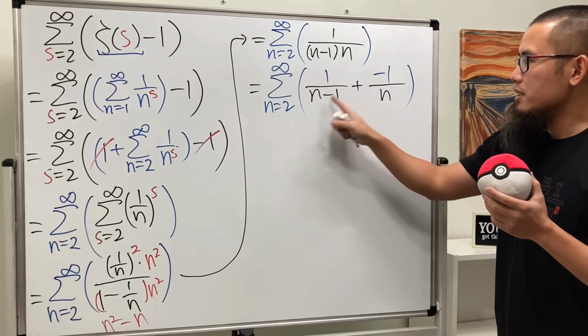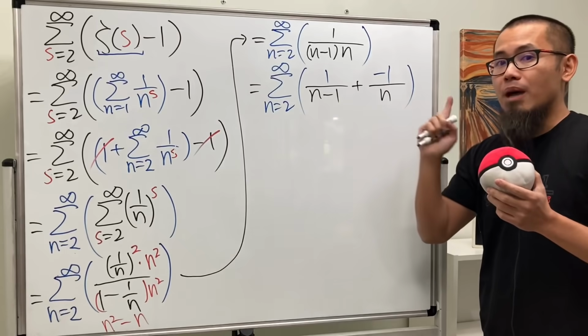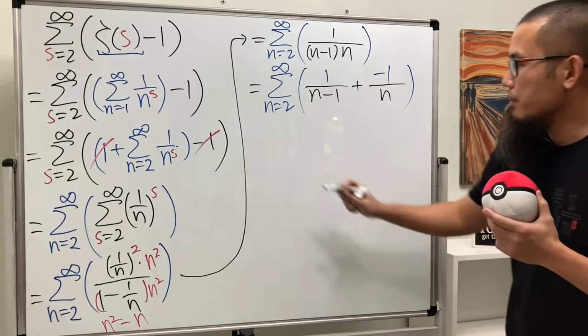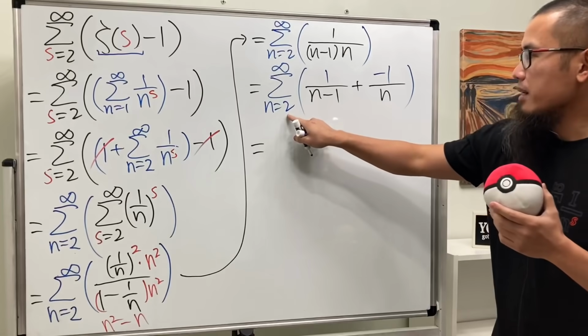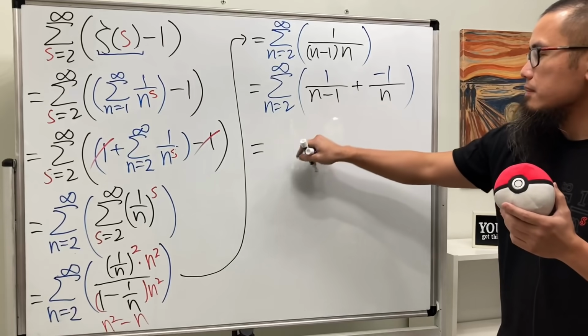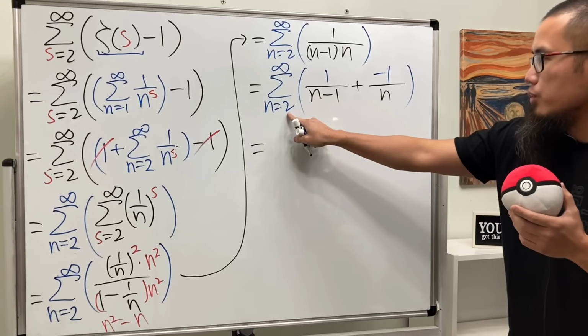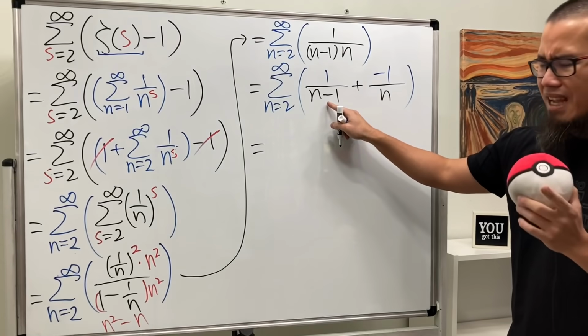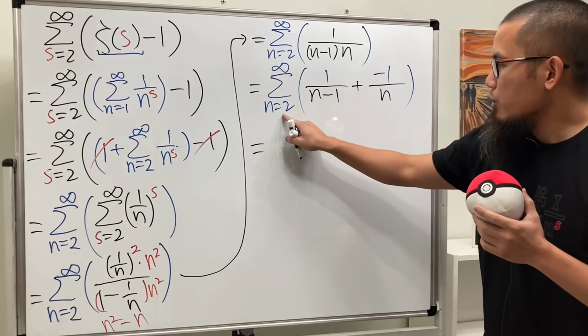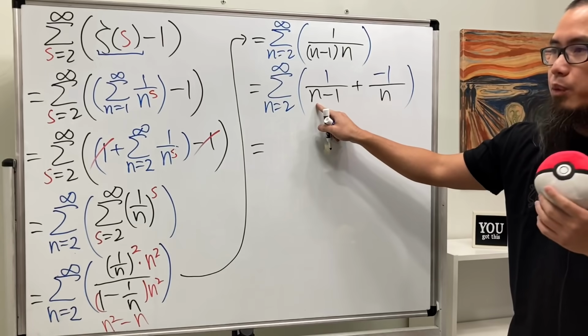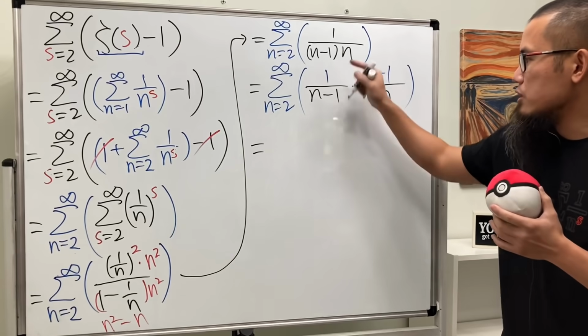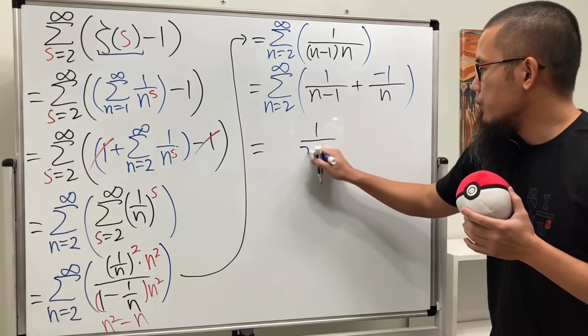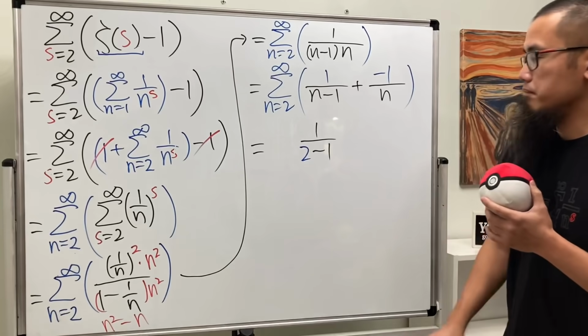First, notice that they are off by 1 term. So you do the following. We are going to be plugging 2 into here 1 time. That's all. We are going to be plugging 2 into here, and we just need the first term. That's all. So we get 1 over 2 minus 1.